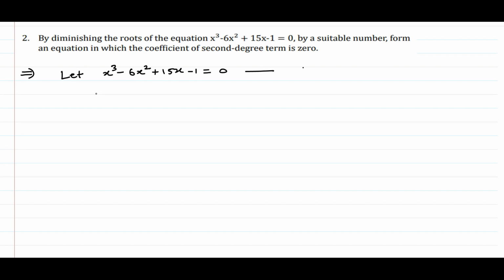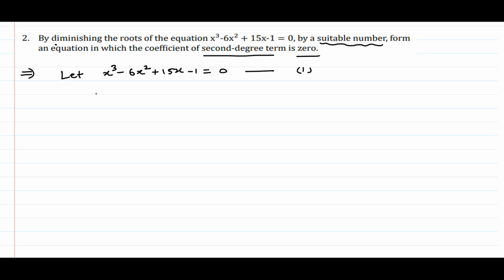That is the given equation. In this problem, it is given that by diminishing the roots of the given equation by a suitable number, which is unknown to us, we have to form the equation in which the coefficient of the second term is 0.